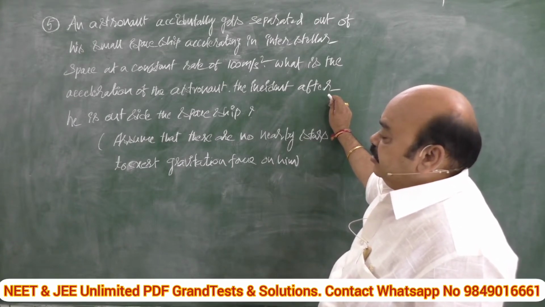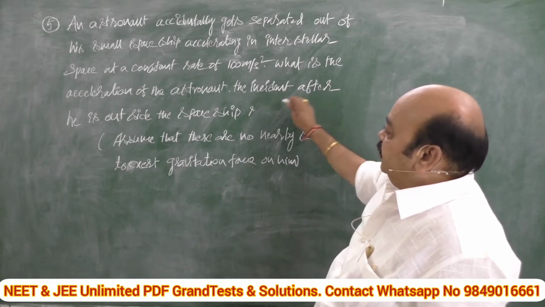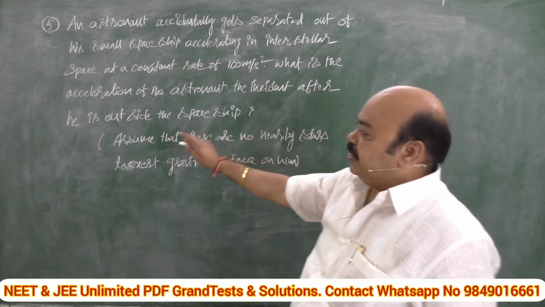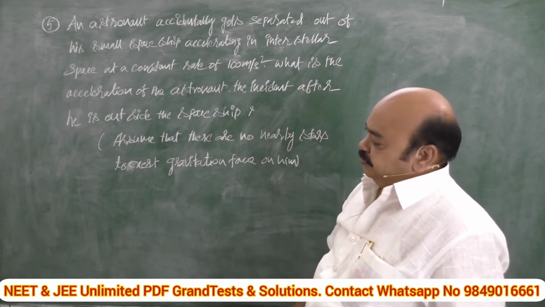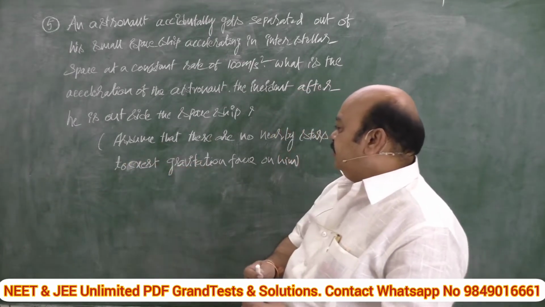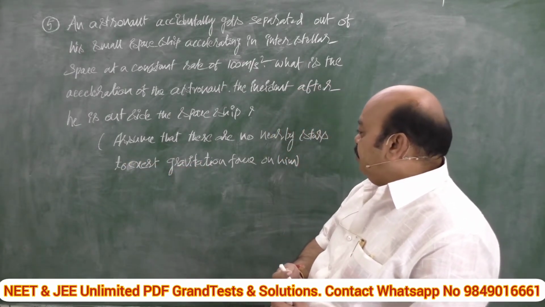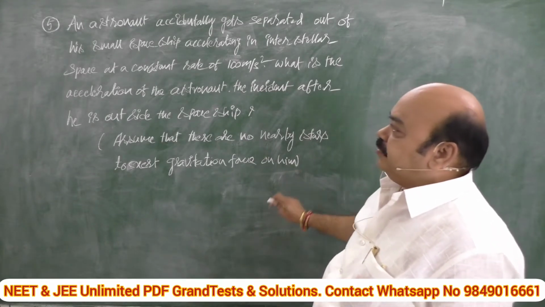What is the acceleration of the astronaut the instant after he is outside the spaceship? It was mentioned, assume that there are no nearby stars to exert gravitational force on.